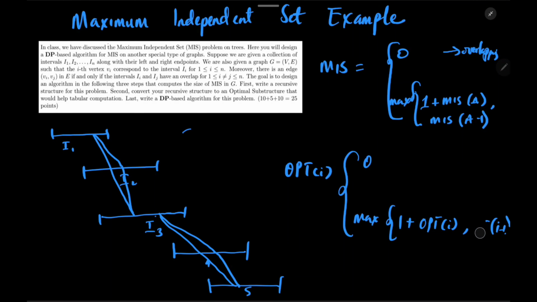This is just a way of writing everything I've said right now. You have OPT(I minus 1). We've solved the first part, converting our recursive structure to an optimal substructure that would help tabular computation. So yeah, we've answered the question. I hope the answer made sense.